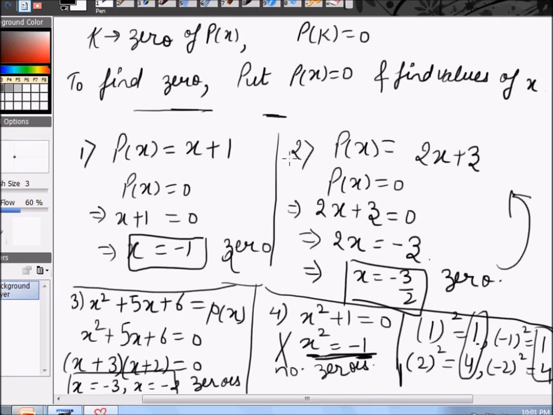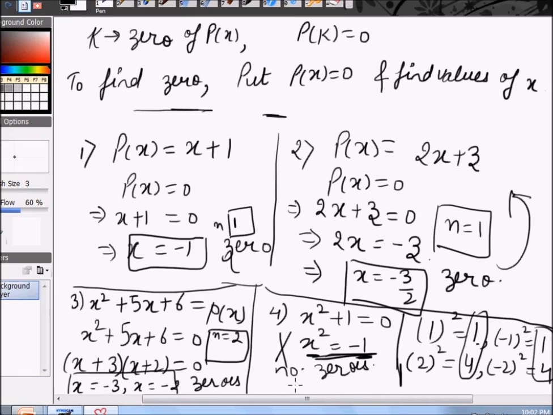Thus, we can easily see that here we have 1 zero, here we have again 1 zero, here we have 2 zeros, that is minus 3 and minus 2, the number is 2.